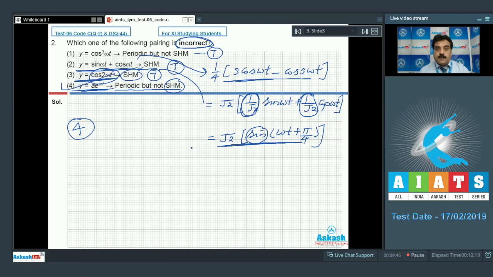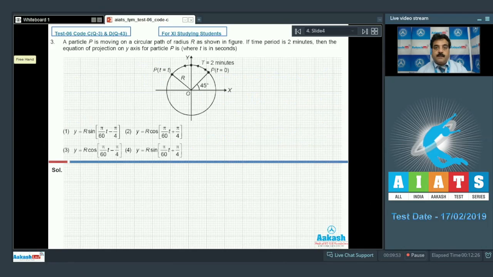So my option number 4 will be the right choice. So let's move on question number 3. In the question number 3, a particle P is moving on a circular path of radius r. Time period 2 minutes. 2 minutes means 120 seconds. Then the equation of projection on y for particle P where t is in second. So question number 3.